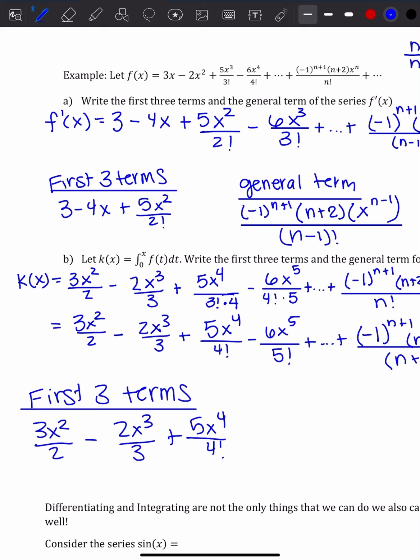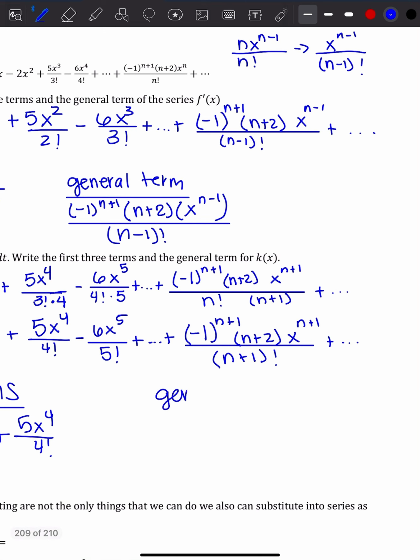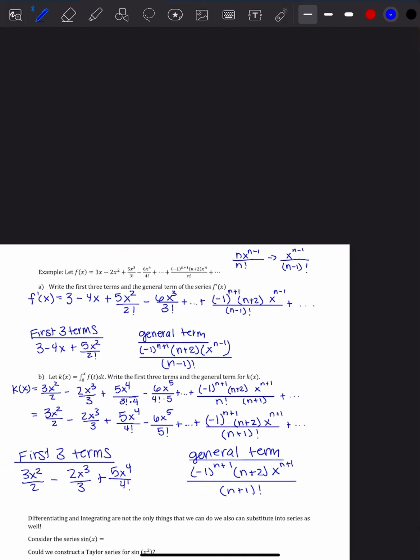If you accidentally write more than 3, your answer is now wrong. Okay, our general term is what we wrote here. So negative 1 to the n plus 1 times n plus 2 times x to the n plus 1 divided by n plus 1 factorial.